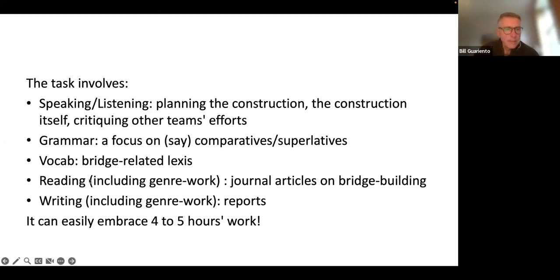We could do some reading, as Mais says, including some genre work. Genre, every type of writing is different. So, for example, one genre is writing engineering reports.